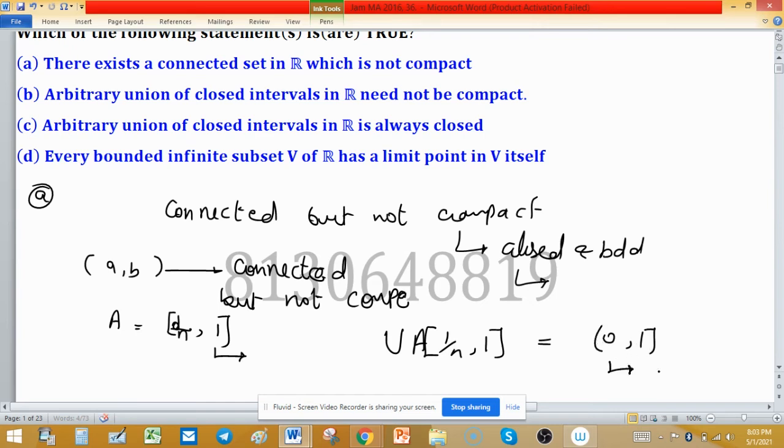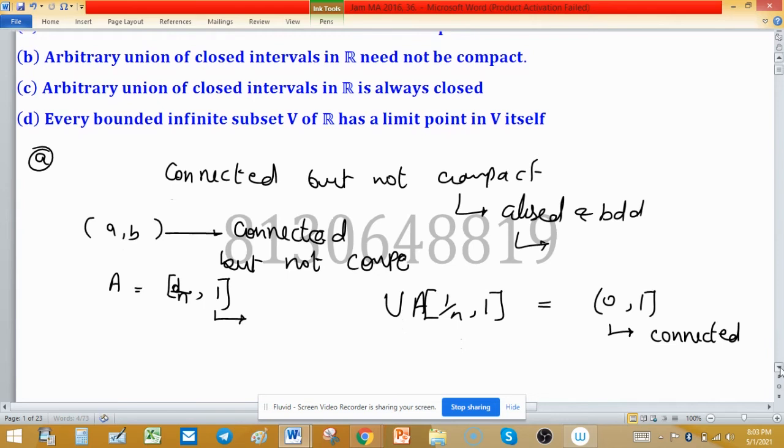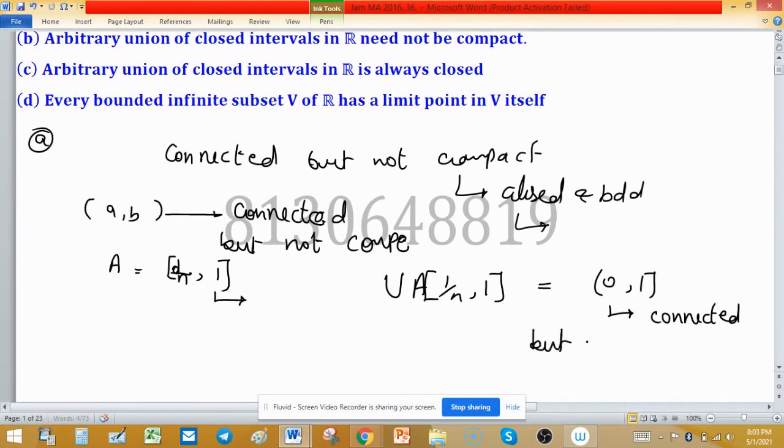This is connected but not closed, and also bounded.